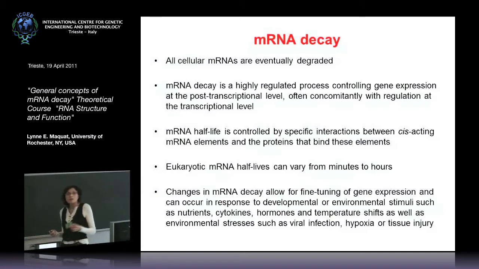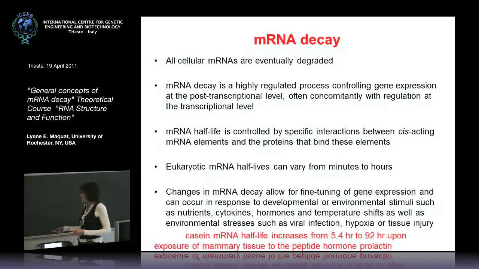As one example, the mammary gland mRNA for casein, which is a milk protein, is increased from 5.4 hours to 92 hours when mammary tissue is exposed to the peptide hormone prolactin. Concomitantly with this, casein gene transcription levels are upregulated 2 to 4-fold.